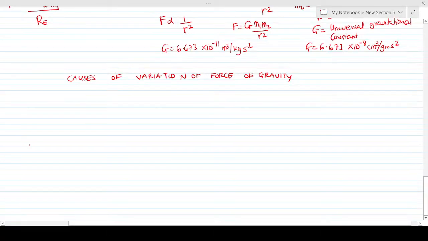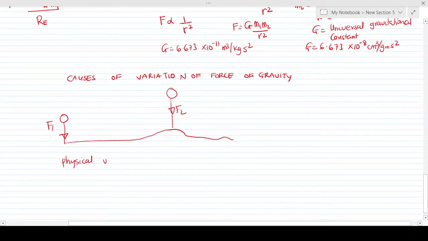If I take an object here on the surface of the earth and measure the force of gravity acting on it, and take that same object here and measure the force of gravity acting on it, so this is F1, this is F2, they are not the same, and this is due to the physical variation of the earth body.